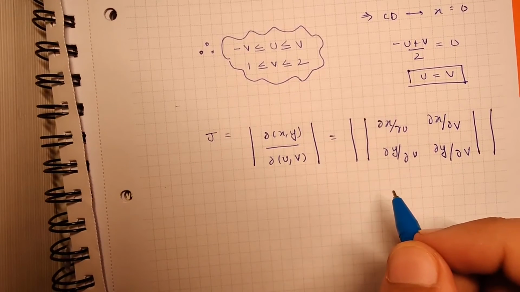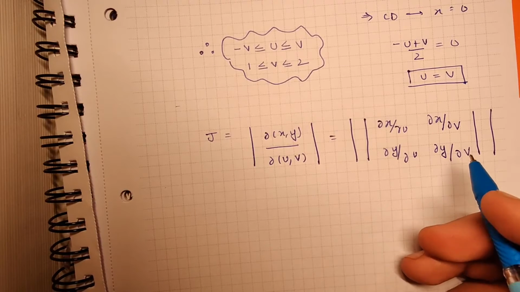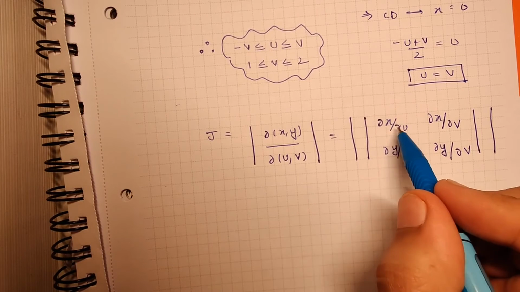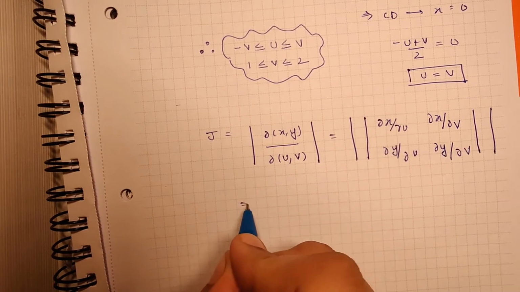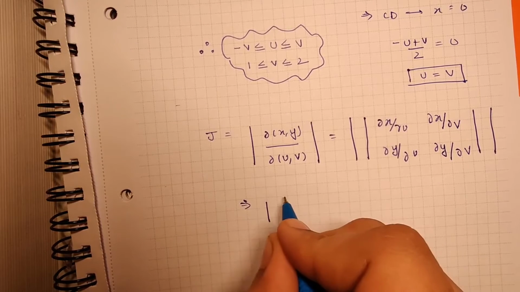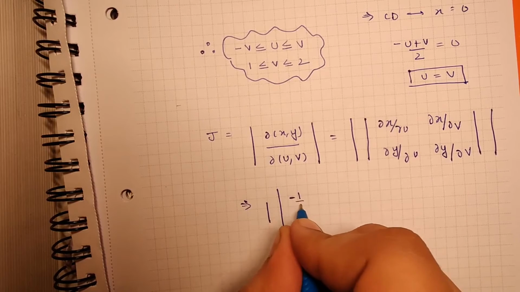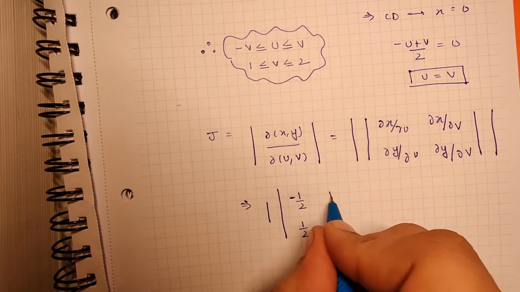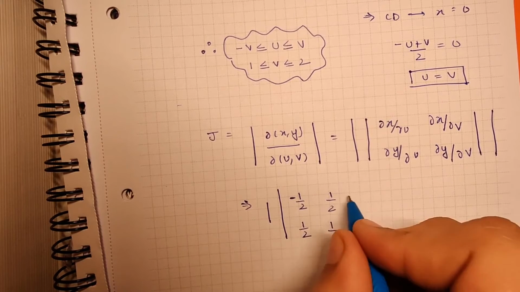So that is how we will be finding our Jacobian. After solving for these values, we would have the modulus of minus 1 by 2, 1 by 2, 1 by 2.